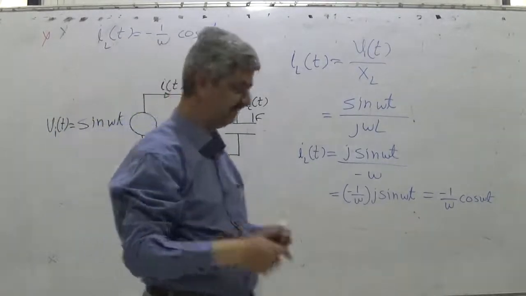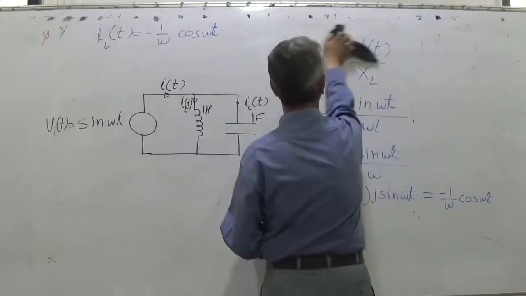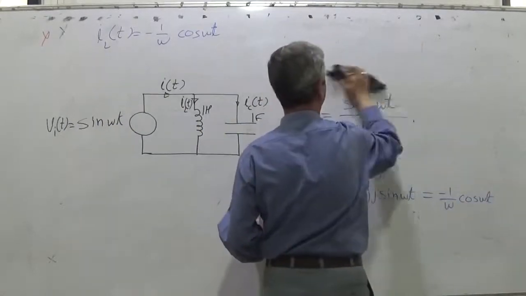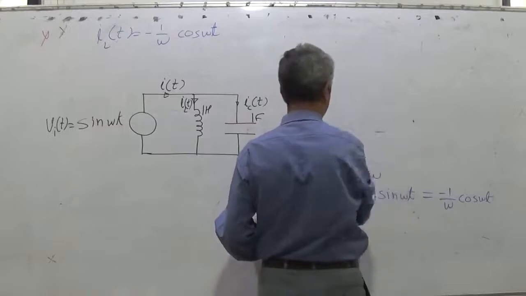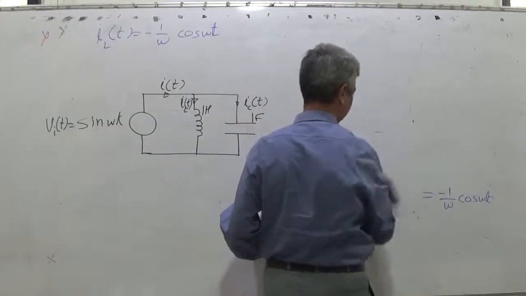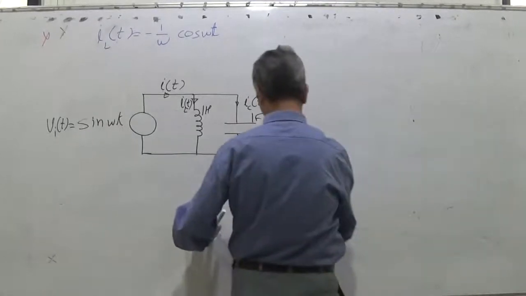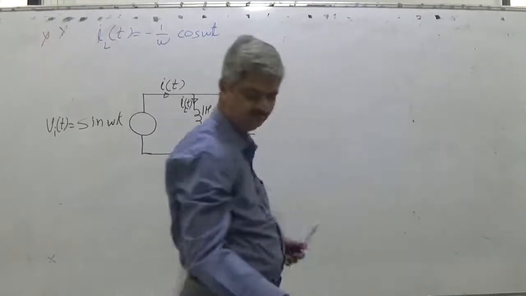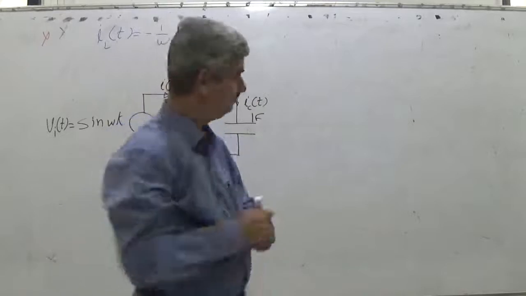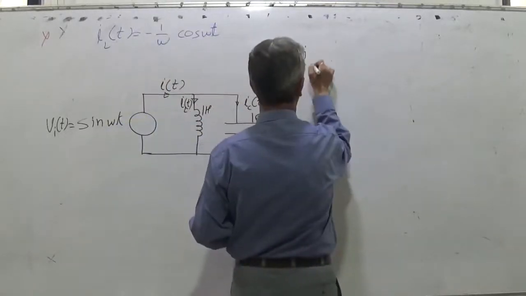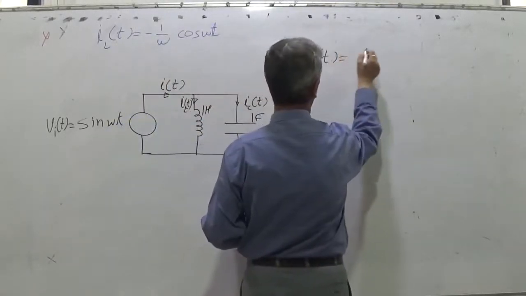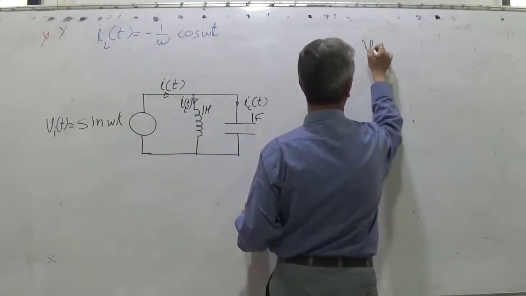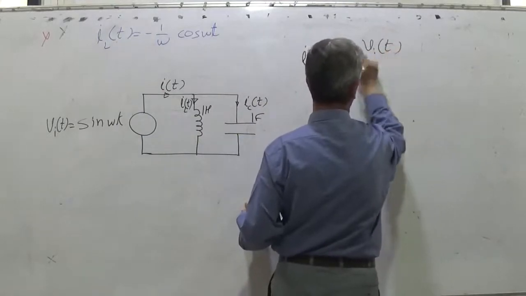What is ICT? ICT is equal to V in T upon XC. I write every step, I don't skip any step.